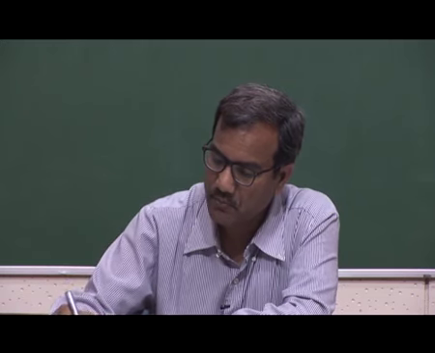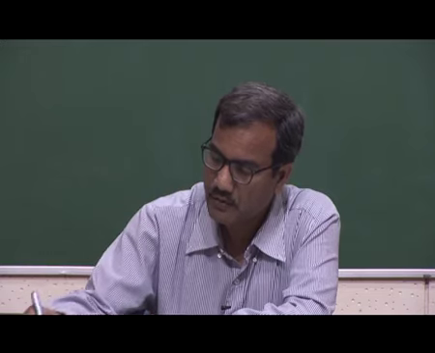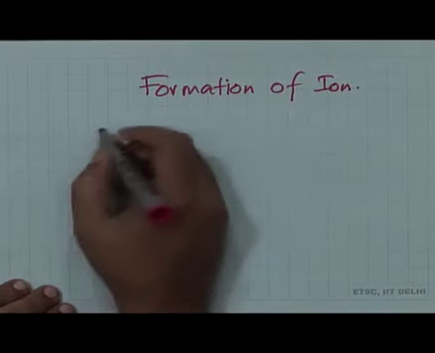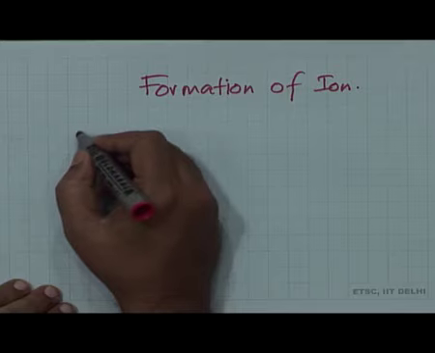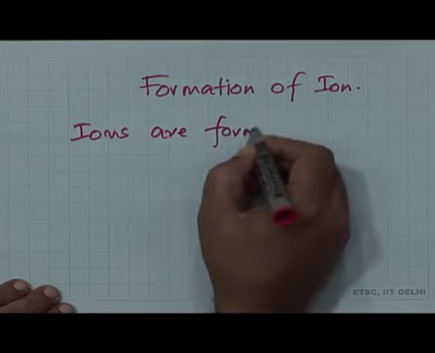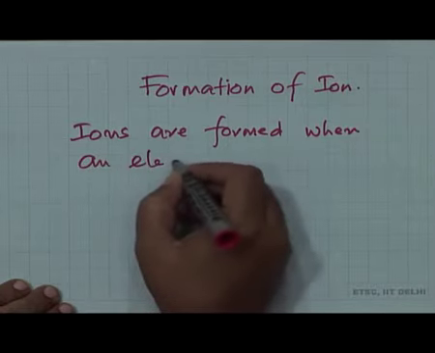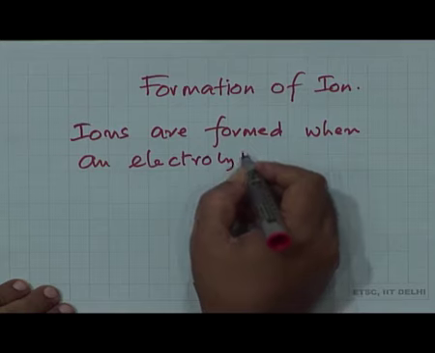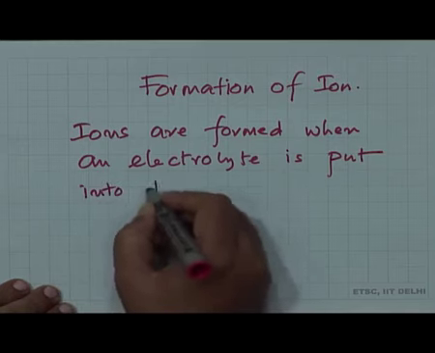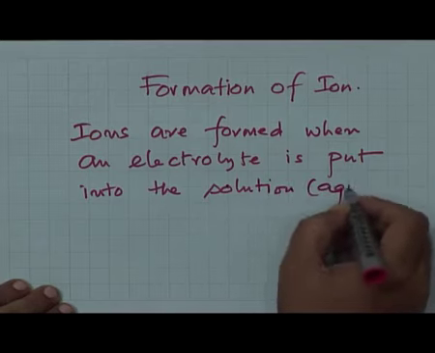So, how are ions formed? Formation of ions. Ions are formed when an electrolyte is put into an aqueous solution.